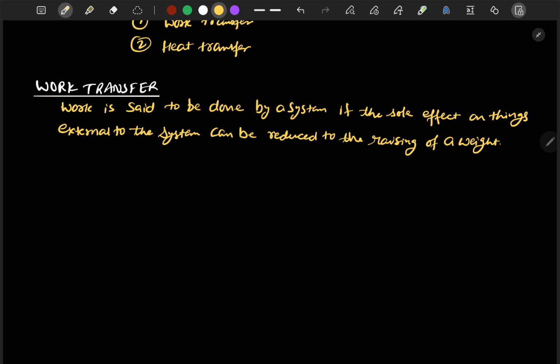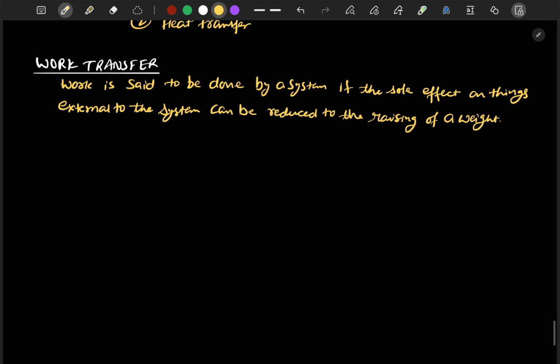Okay, so it means that work is only said to be done by a system if its net effect outside the system, the total effect of the system on the surrounding, can be reduced to the raising of a weight.